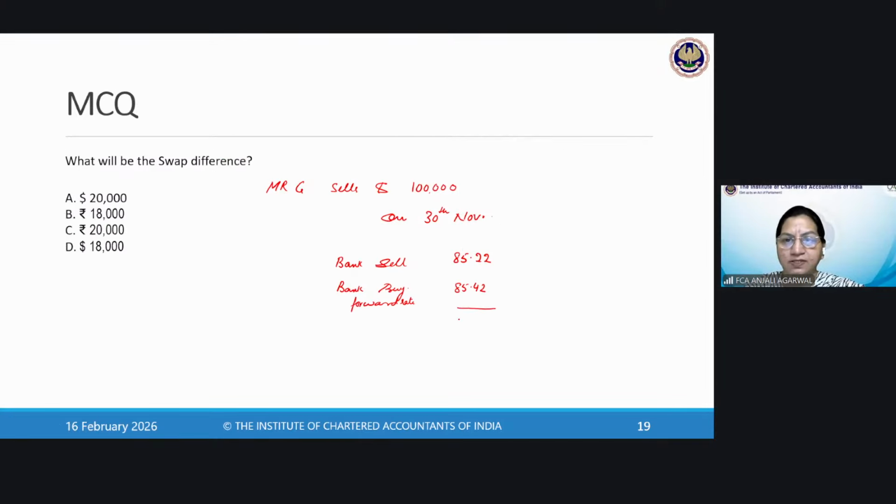So the difference is a loss which customer has to pay, 0.20 on $100,000. This is per dollar. So 100,000 into 0.20, the swap loss would be 20,000 rupee. Okay. So what will be the swap difference? 20,000 rupee. A is in dollars. So C is the right answer.